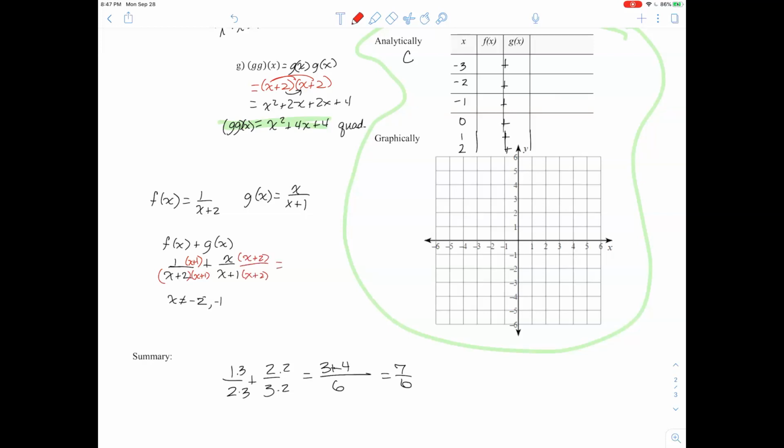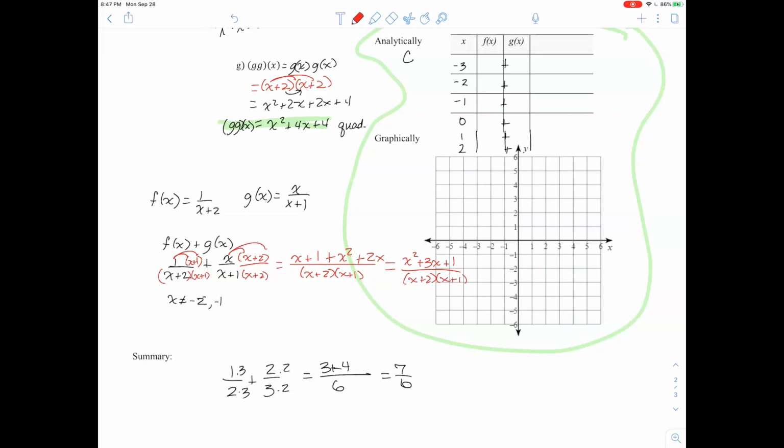And so the resulting would be x plus 1 plus x squared plus 2x all over x plus 2 times x plus 1, and then simplify the top. That would be x squared plus 3x plus 1 over x plus 2 times x plus 1.